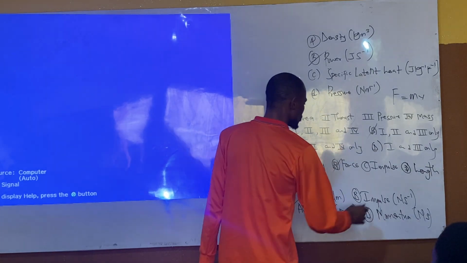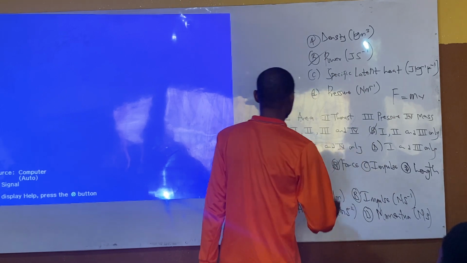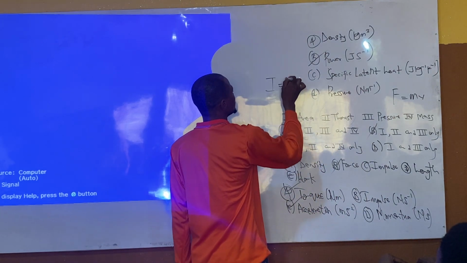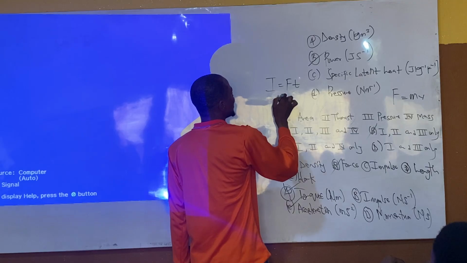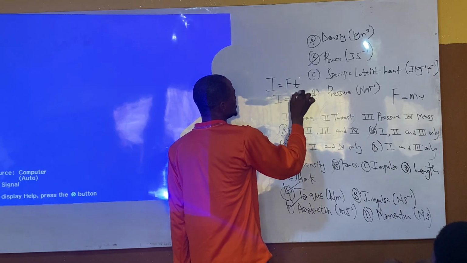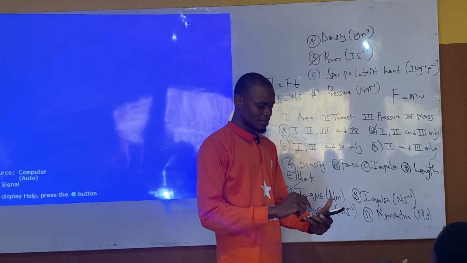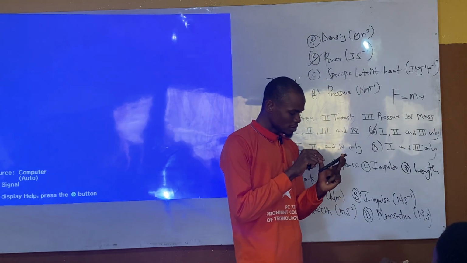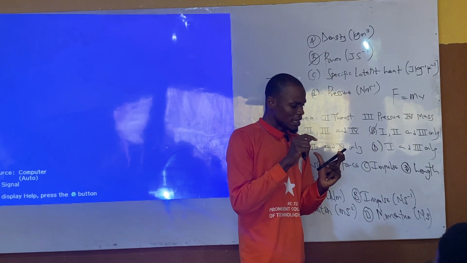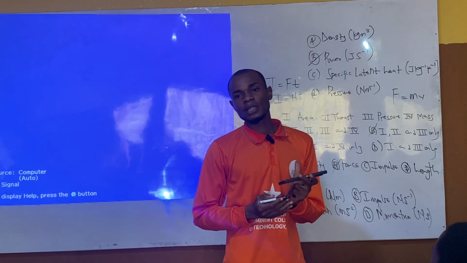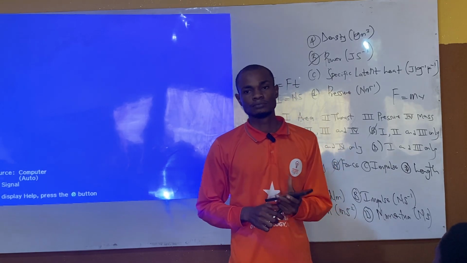When we talk of impulse, what is the formula for impulse? Impulse is force times time, and the unit of this is Newton seconds. Which means this option is not correct. Now, what is the formula for momentum?